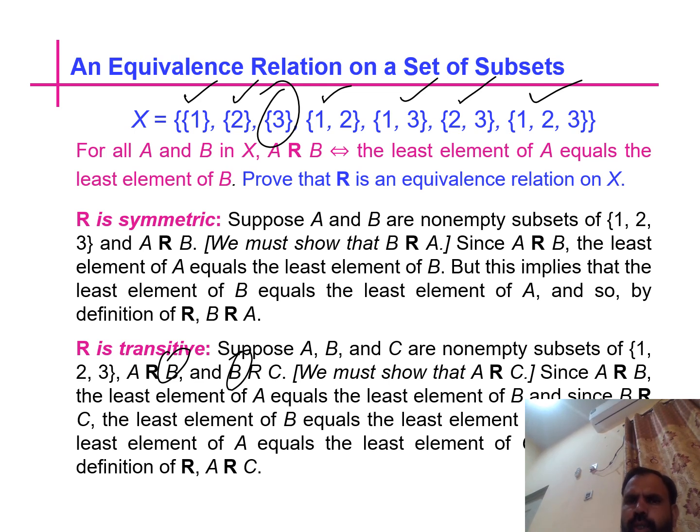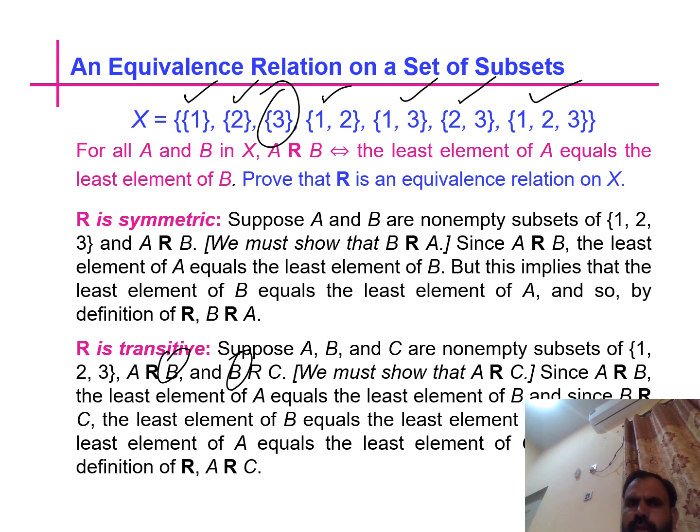Suppose A and B are non-empty subsets of {1, 2, 3} and A is related to B. As we previously discussed, we must show that B is related to A. Since A is related to B, the least element of A equals the least element of B. But this implies that the least element of B equals the least element of A. And so, by definition of R, B is related to A.